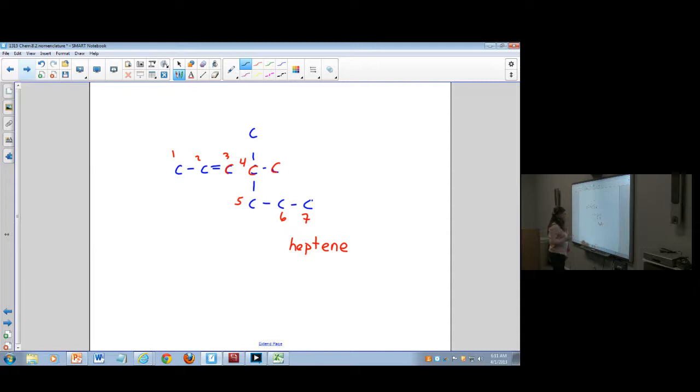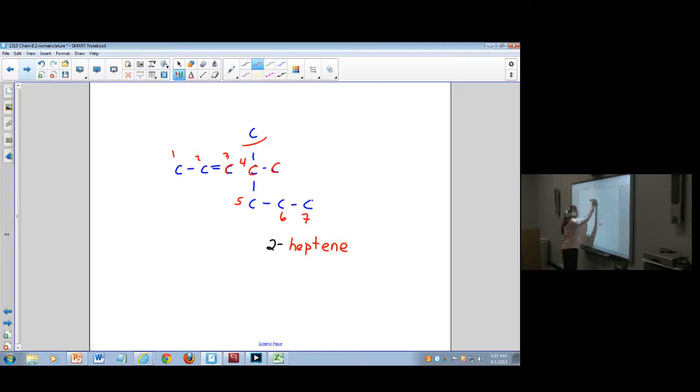Now, I need to find my substituents. All right, so in this case, when you're doing double bonds, the lowest numbering goes to the double bond. And so I'm going to know that that is a 2-heptene because the double bond starts at carbon 2 there. Then I'm going to look for my substituents.